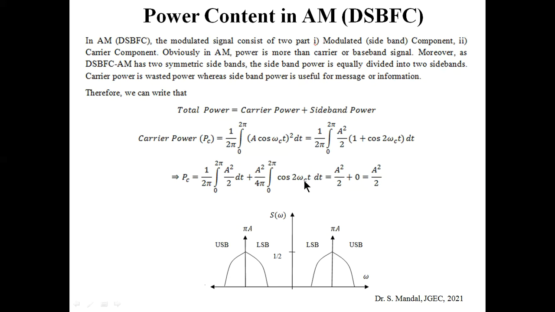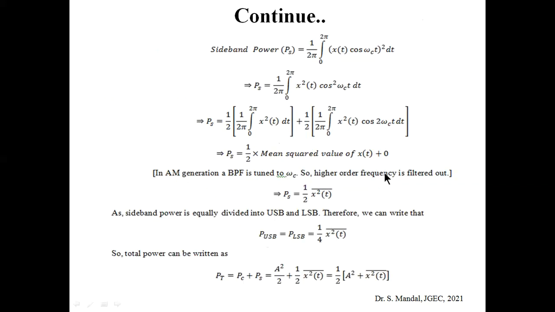And if we take out the corresponding integration, we will find that the integration value becomes 0. So ultimately the power of a cosine signal becomes its amplitude square by 2. It should be remembered that for any kind of sinusoidal or cosine signal, the power of the corresponding signal will be the amplitude square by 2. So that is nothing but A square by 2. Clear?